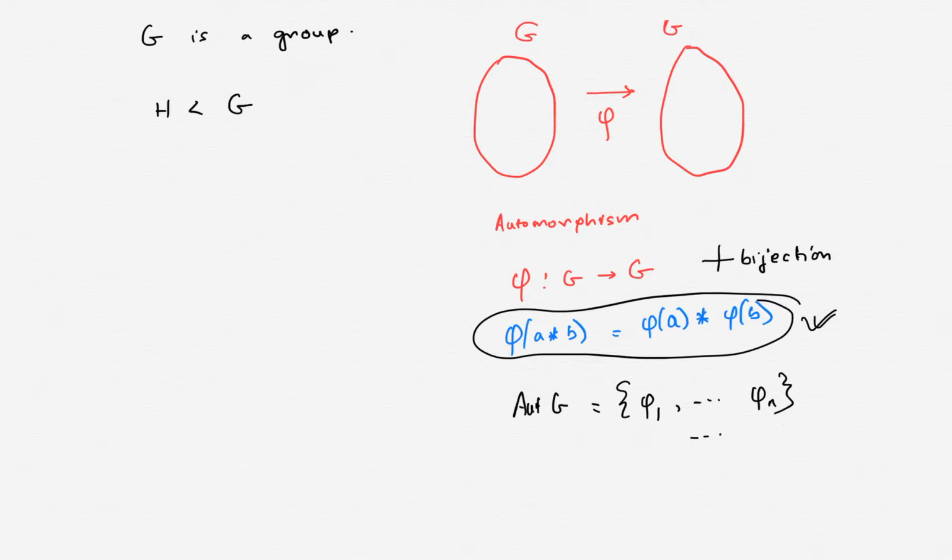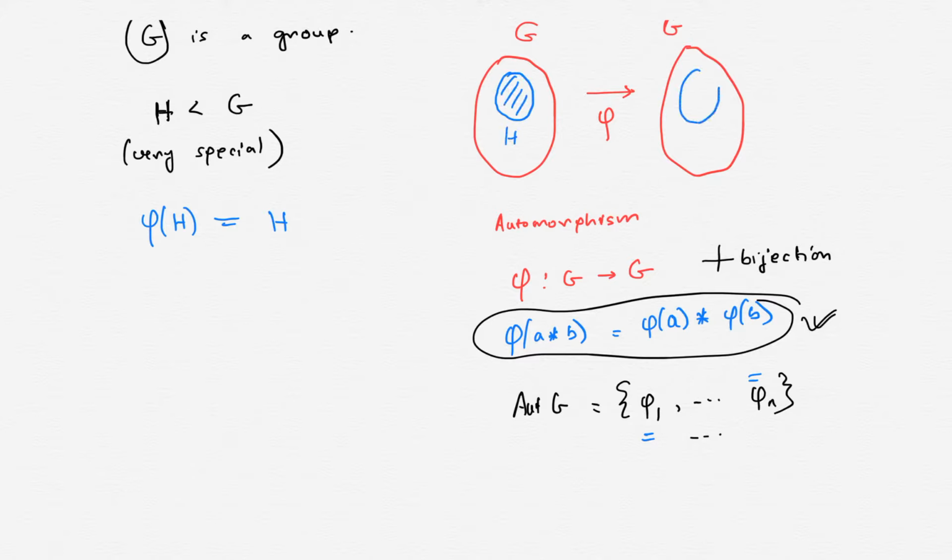Okay, so we look into a group and we look into a subgroup, a very special subgroup of G, which has a peculiar property, and that is it is invariant under this automorphism. In fact, it is invariant under any automorphism of the group G. So we can draw H here like this, and let's draw the copy of H here.